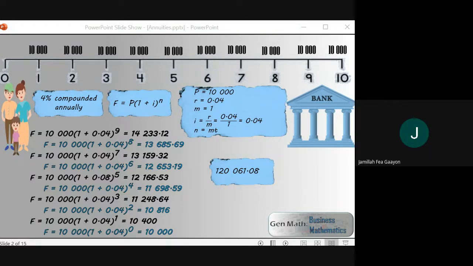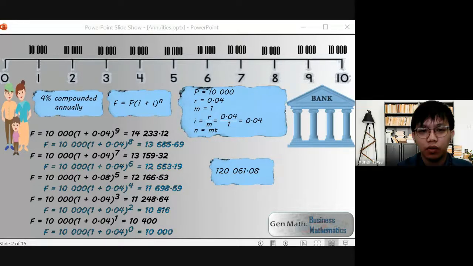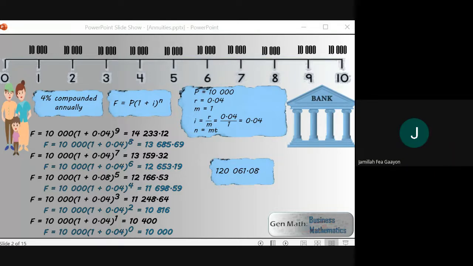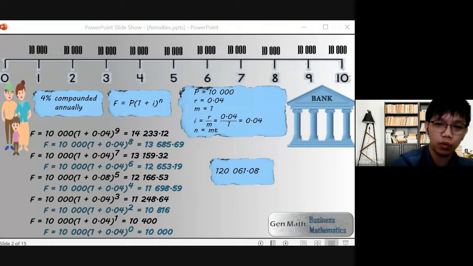Sir, a fixed income per period of time. For example, annually, or semi-annually, sir. Okay, so tama naman.